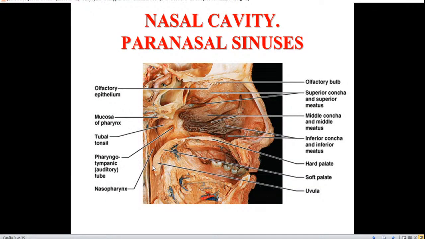So after the external nose we have the nasal cavity. The nasal cavity is a structure in the region of the facial skull whose function is to conduct the air, humidifying, warming, moistening, and receiving of smells.